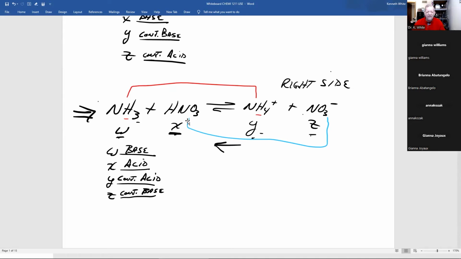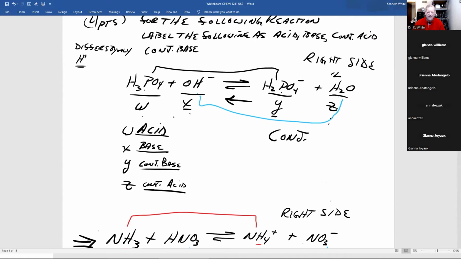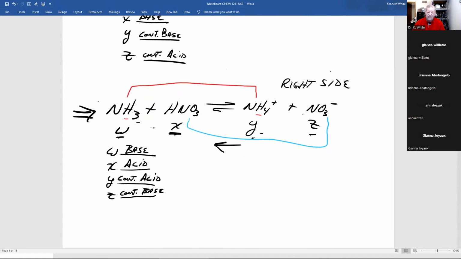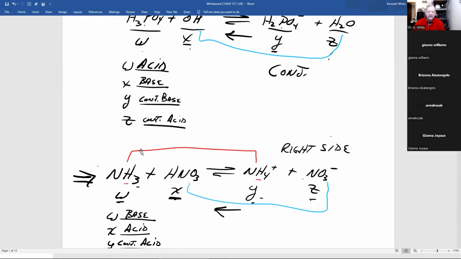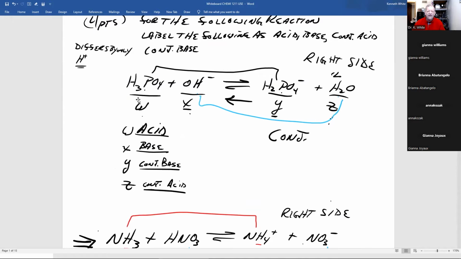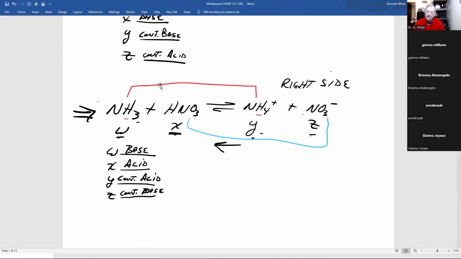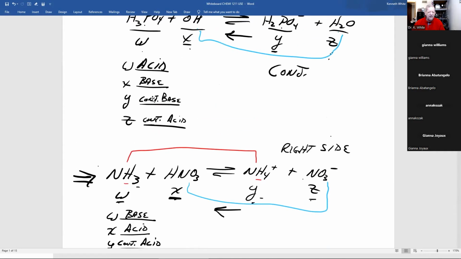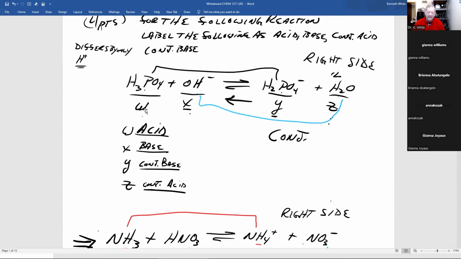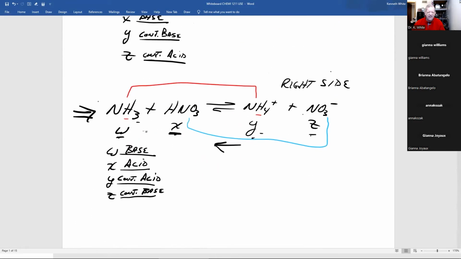Now, one common mistake, and partly I'm guilty of it, I tried to show it's not true here. There's no rule which has to be first, which has to be second. You notice in the first example, I have the acid first. In the second example, I have the base. It doesn't matter the order. You have to look at the conjugates and ask does it lose or gain a proton?